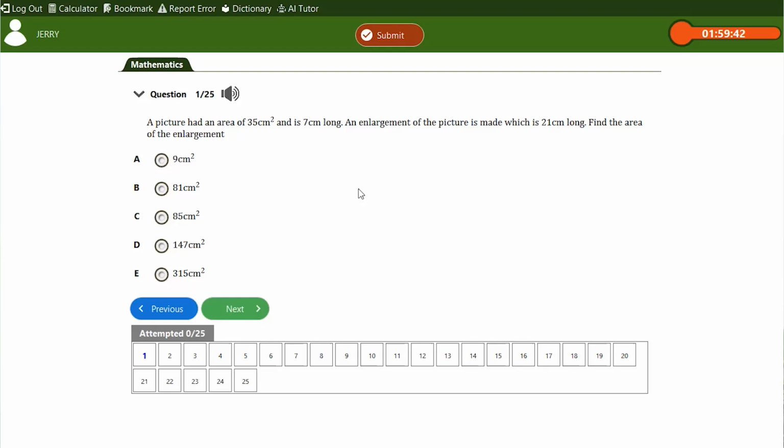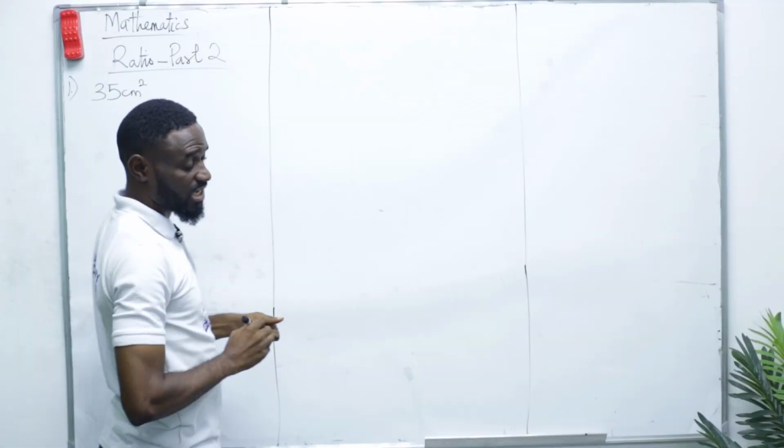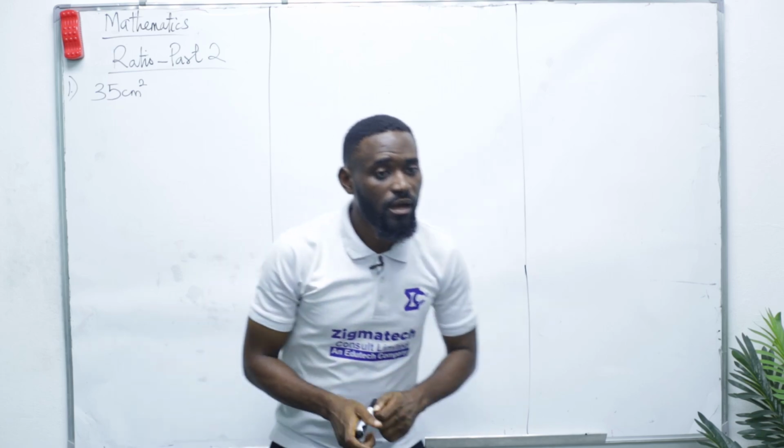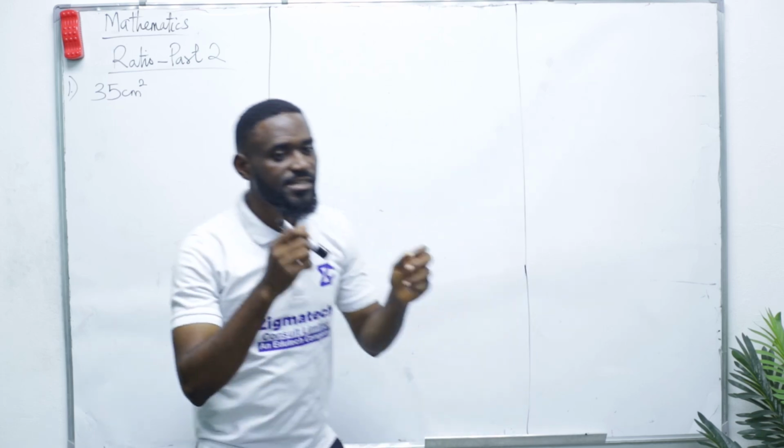They say a picture had an area of 35 cm². Originally, it had 35 centimeter square, and is 7 cm long.